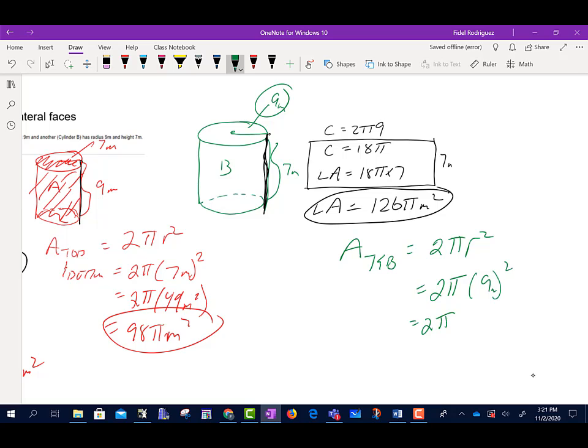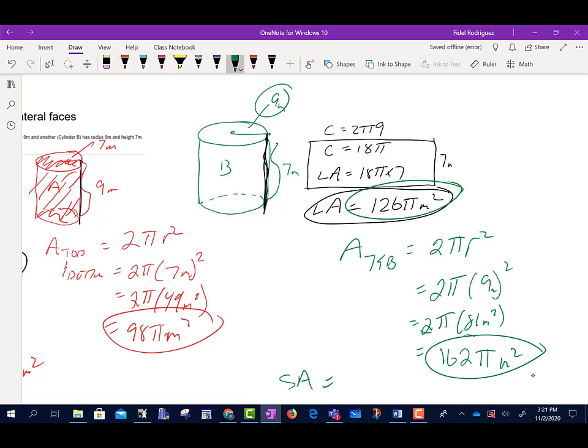So it's 2 pi times 81 meters squared. 2 times 81 gives me 162 pi meters squared. Now, to find my surface area, I'm going to take this number here and add them together.